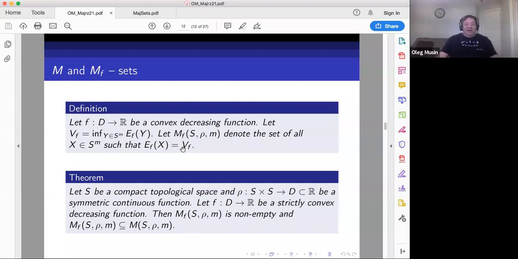Actually, in my first version of the paper, I put a statement that any M_f set is also an M set, but it was incorrect. We need some additional assumption.